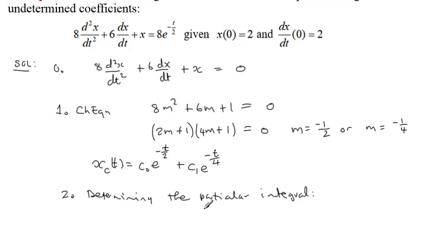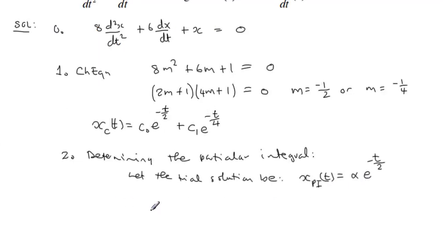Determine particular integral. Again we let our trial solution be x particular integral, a function of t, equals alpha e to the power minus t over 2. You notice that here again we're consistent with what we've got on the right hand side, that we've got this independent variable scaled by minus 1/2.